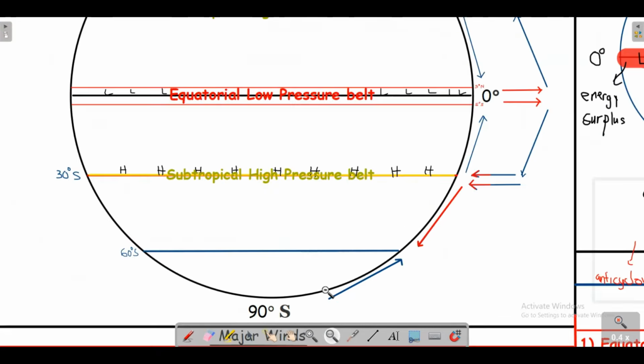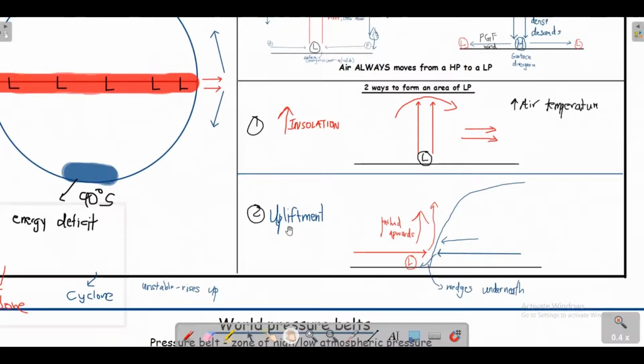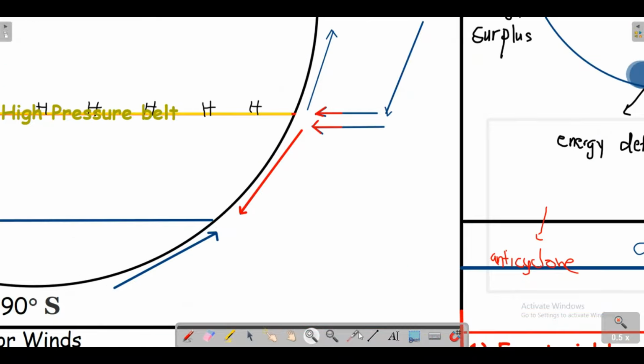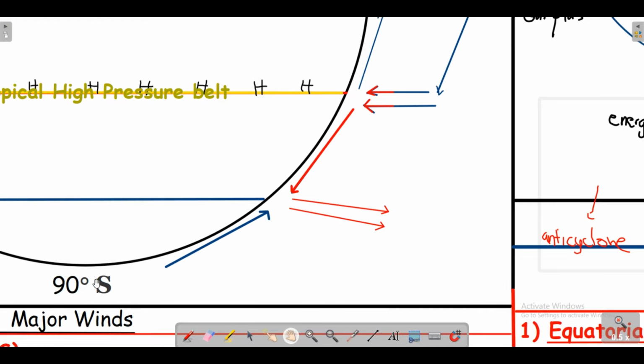And we said that whenever you have warm air and cold air meeting up, we see upliftment. So now this warm air is definitely going to be lifted upwards. It will rise up, lifted by that cold air that comes from 90 degrees, moving towards 60 degrees.